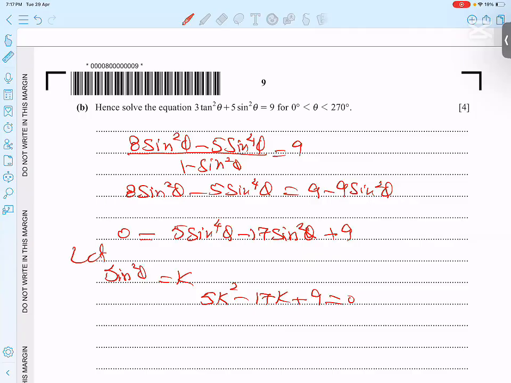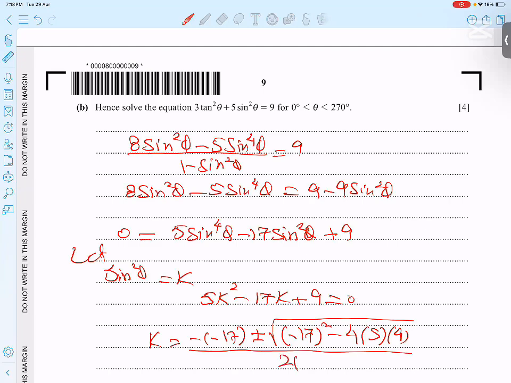And I think maybe it is not possible to get factors. So then what is our solution, students? We will go for the quadratic formula. And the formula you have to know is: negative b plus or minus the square root of b squared minus 4ac, over 2a.